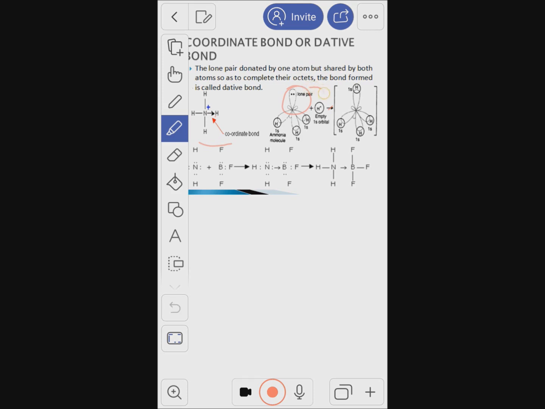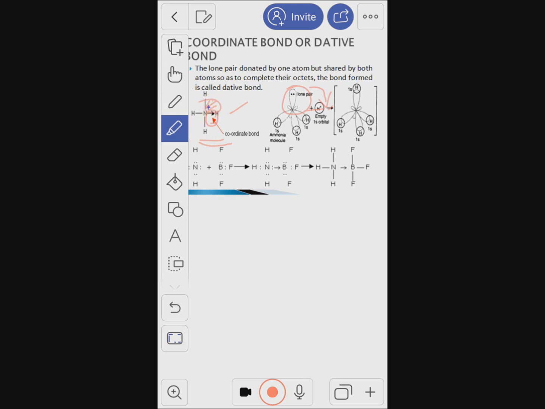This lone pair of nitrogen is donated to this H positive empty 1s orbital, and it forms a coordinate bond. It is shown by this black arrow. This is the coordinate bond, and this lone pair is shared by both the atoms, nitrogen as well as hydrogen. And nitrogen here carries positive charge because nitrogen forms only 3 bonds, but in this case it forms 4 bonds. That's why it carries positive charge.